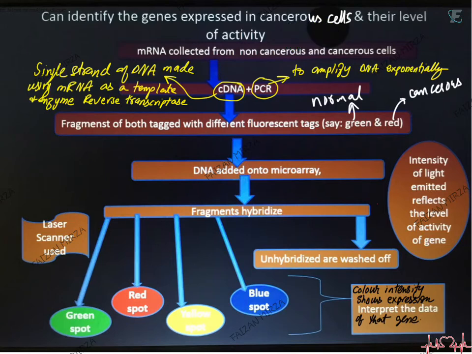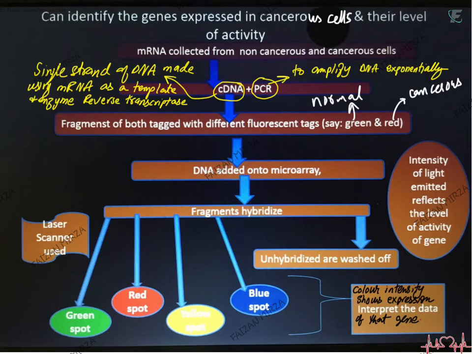So there is an overactivity or underactivity of certain genes. If there is an overactivity of a certain gene in that cancerous cell, a lot of mRNA will be produced as compared to the normal cell of the same tissue. And if there is an underactivity of the same gene in that cancerous cell, a lot fewer mRNA will be produced in that cell as compared to the normal cell.